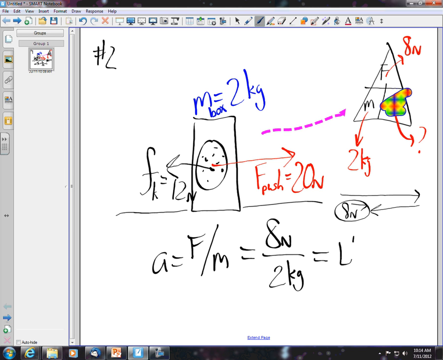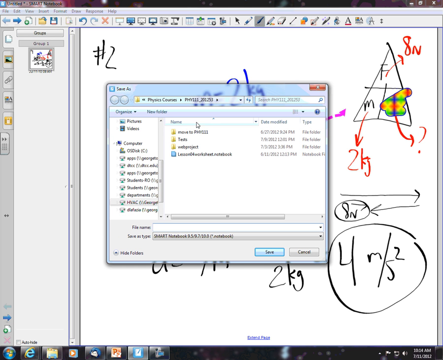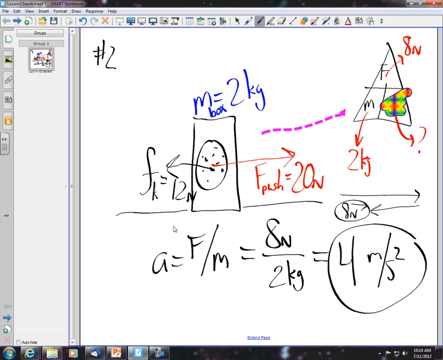It becomes 4. And the units of a newton are actually a kilogram meter per second squared, so the kilograms cancel out of that. And so those are the units of acceleration, meters per second squared. So it is indeed 4 meters per second squared, and the question asked us to prove that, and we have. Just save this for us. Okay.